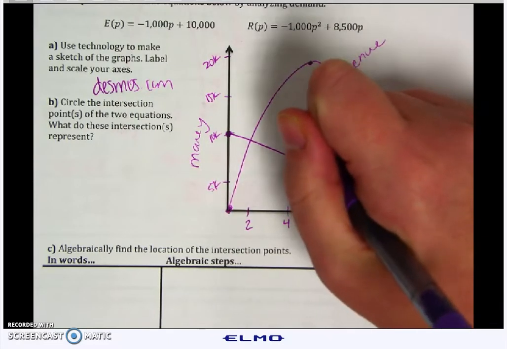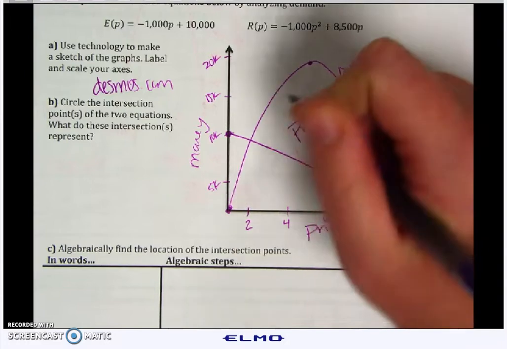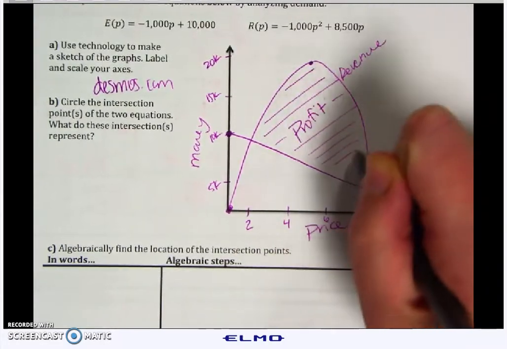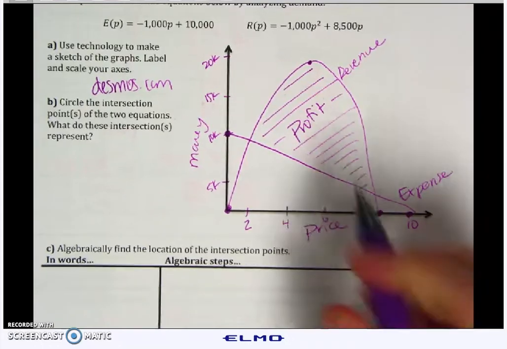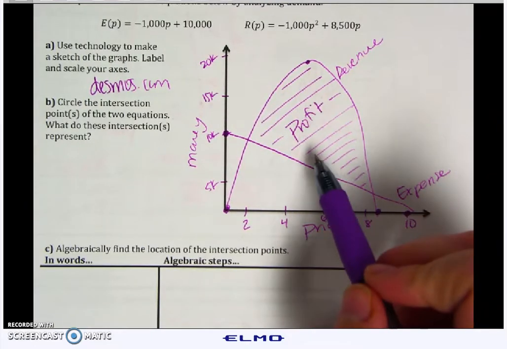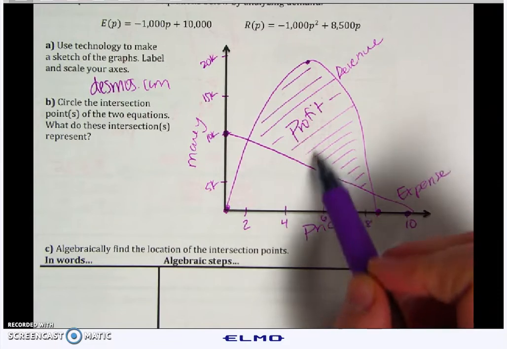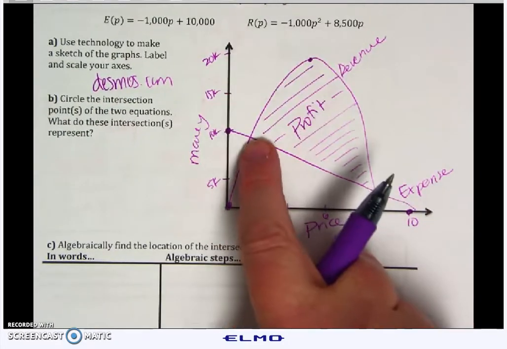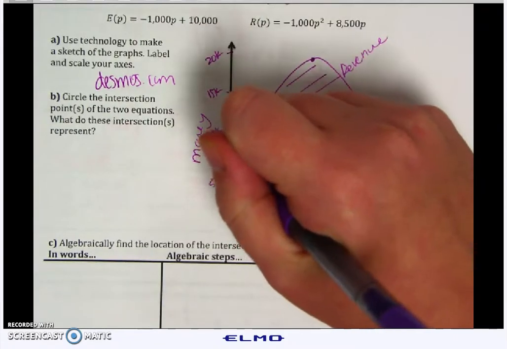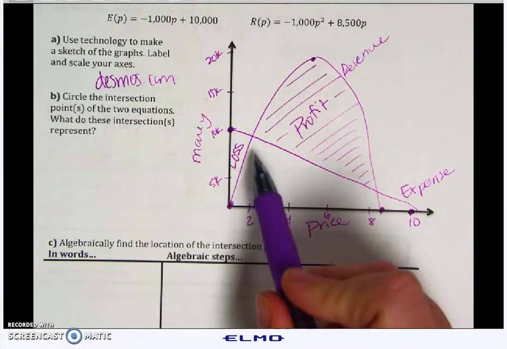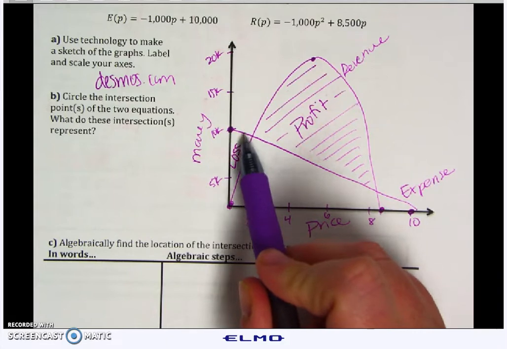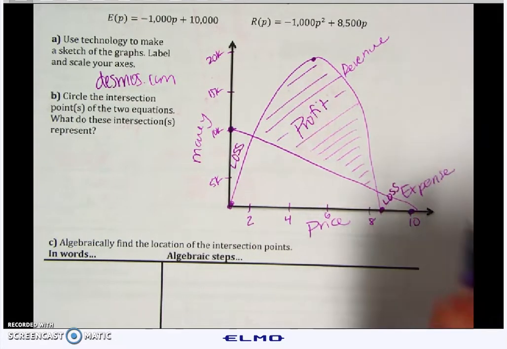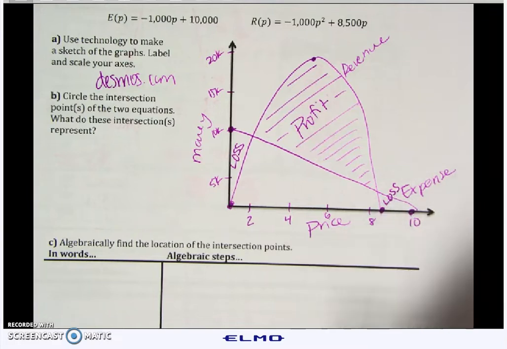So inside this space is the profit. And it's the same as before, where the gap between the two lines is going to be the profit. To the left here is a loss, because we have expenses more than revenue. And then the same thing on this side, we would have another loss because expenses are more than the revenue.